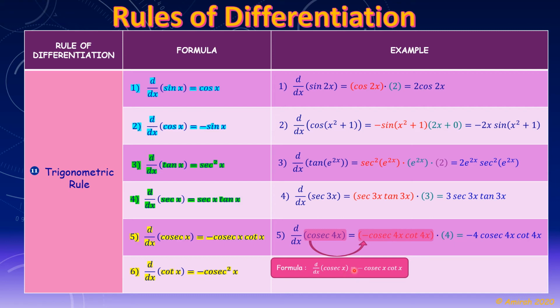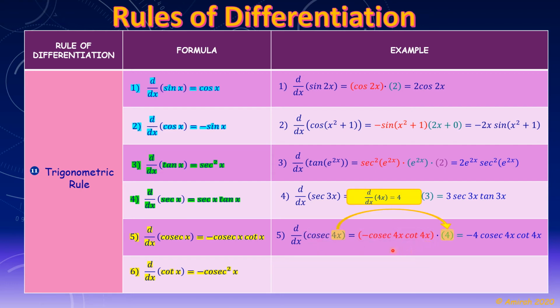The answer is negative cosec x cot x. So when we differentiate cosec 4x, the answer should be negative cosec 4x cot 4x. And after that, we differentiate 4x, so we have 4. Okay, we have times 4 here at the back. Then we simplify, we bring 4 to the front, so we have negative 4 cosec 4x cot 4x.